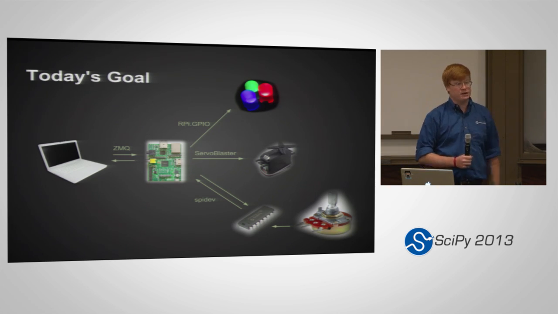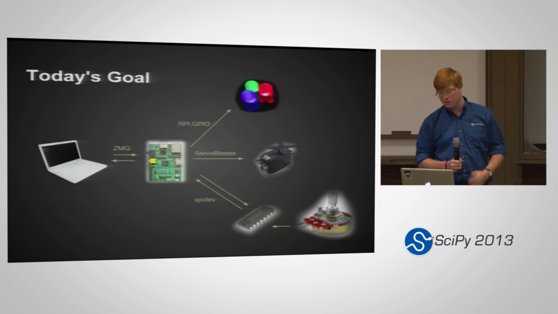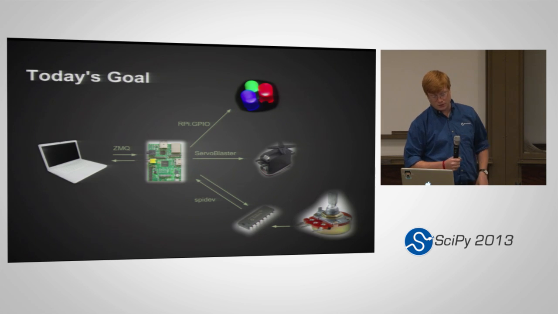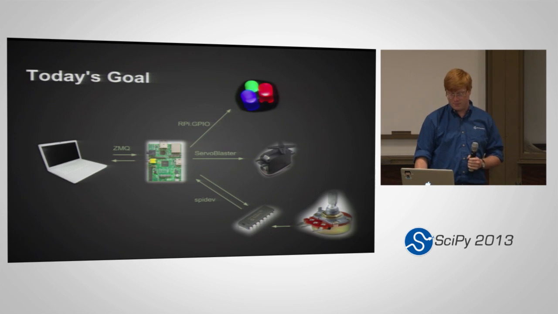A servo motor is a small motor that you can set the arm position to any number of angles. Also how to read analog sensors such as this potentiometer, which is a variable resistor, using an off-board chip to aid in the analog to digital conversion.